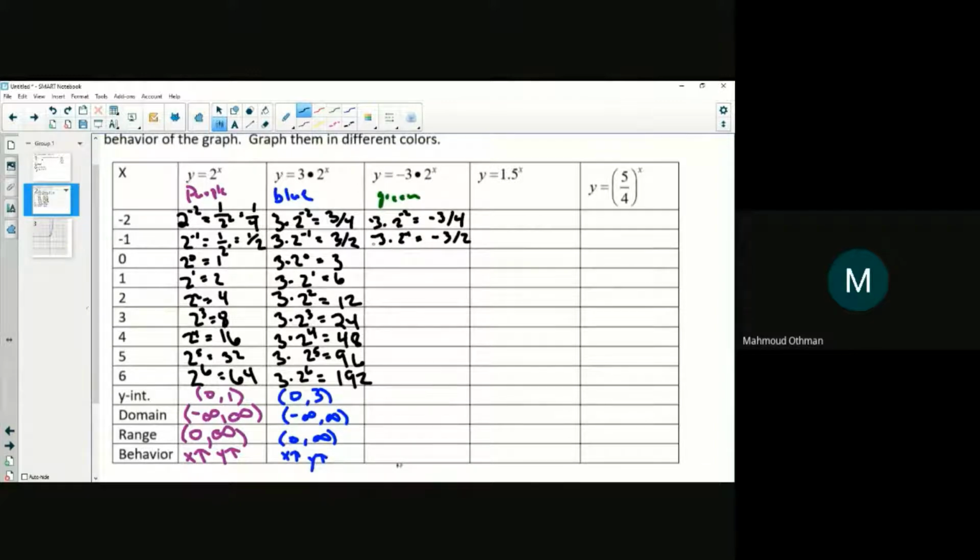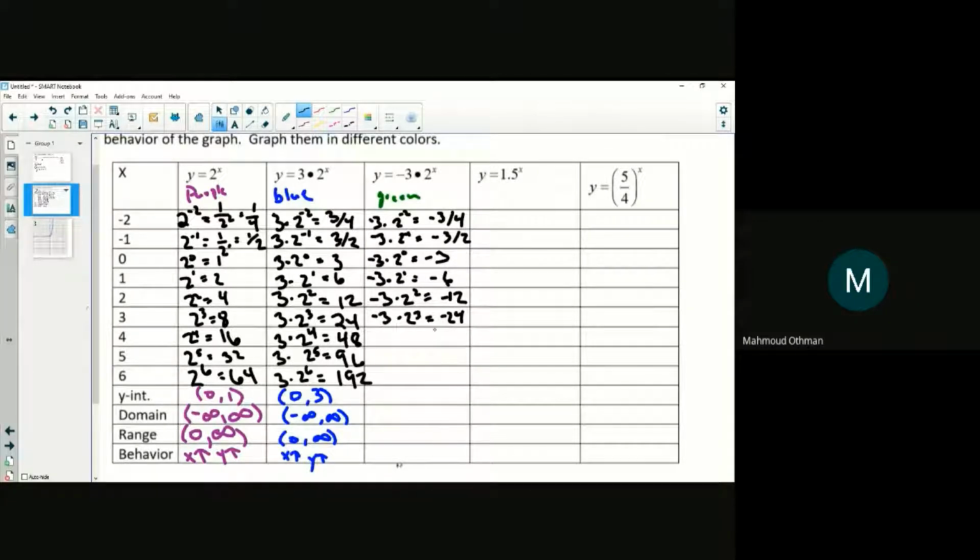Then we have -3 times 2 to the 0, which is -3. Then -3 times 2 to the 1 equals -6. -3 times 2 squared is -12. -3 times 2 cubed is going to be -24. And if you figured out the pattern, this thing doubles every time.